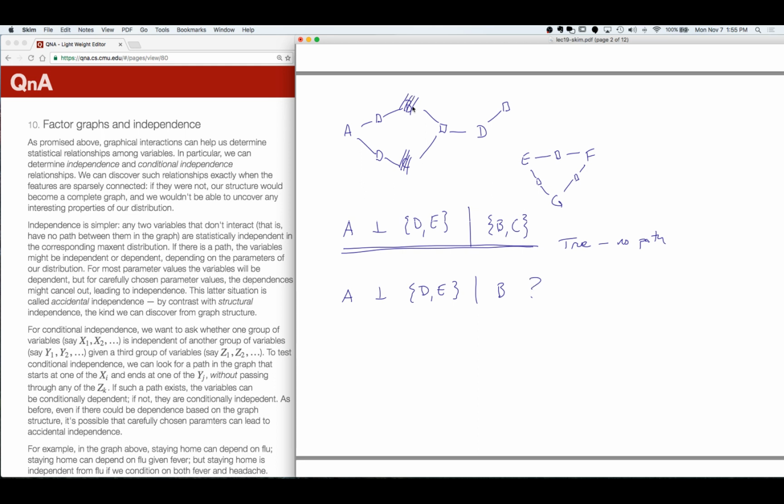What that looks like is we'll put C back there, and now there is a path from A to D, and so we'll say for this that it is false. The path ACD exists in the graph.